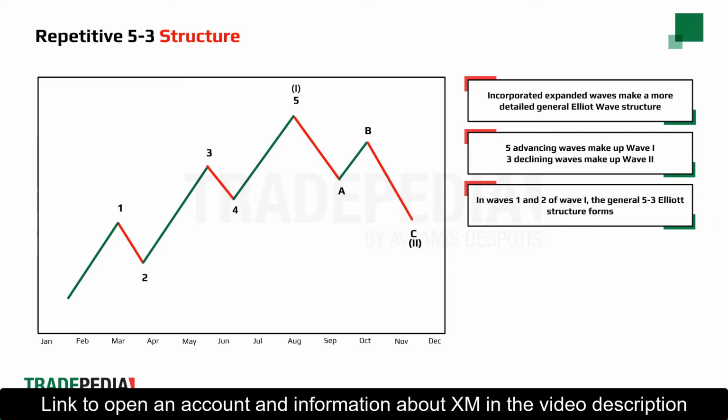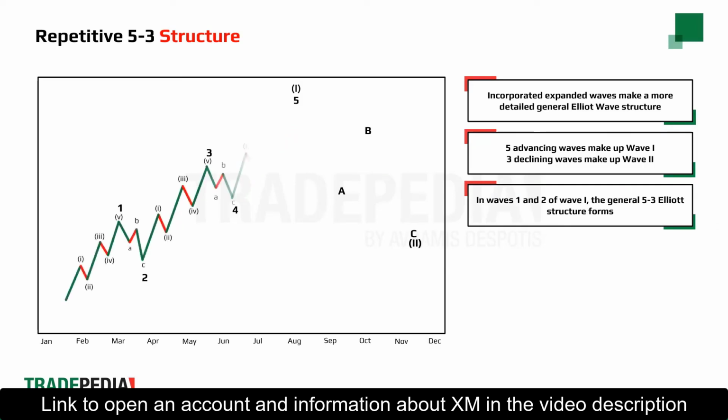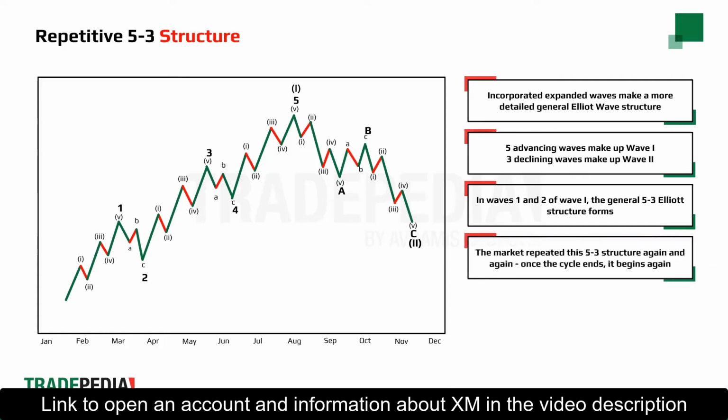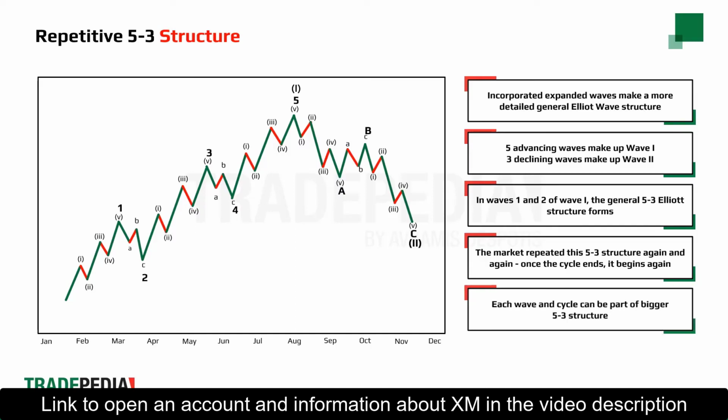Notice, however, that in waves 1 and 2 of wave 1, the general 5-3 Elliott structure forms, and this structure forms on both a larger scale and a smaller scale. Elliott noticed that the market repeated this 5-3 structure again and again. Once the cycle ends, it begins again. And each wave and cycle can be part of the bigger 5-3 structure of waves.